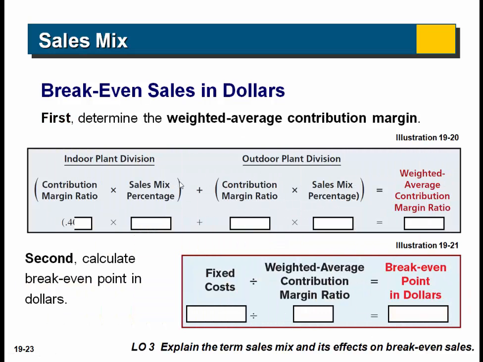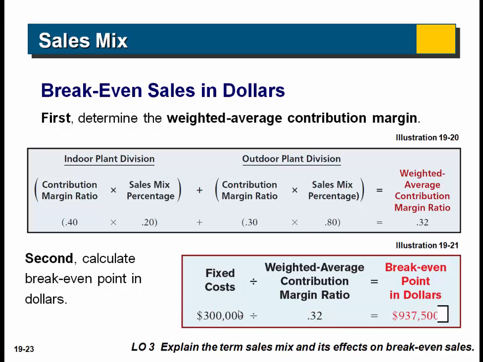So here's our weighted average contribution, which is going to be 0.32. We just saw that calculation. I'm going to take that 0.32 and divide it into the fixed cost of 300,000, and it says the break-even point in dollars is $937,500. So it's just like what we looked at earlier.